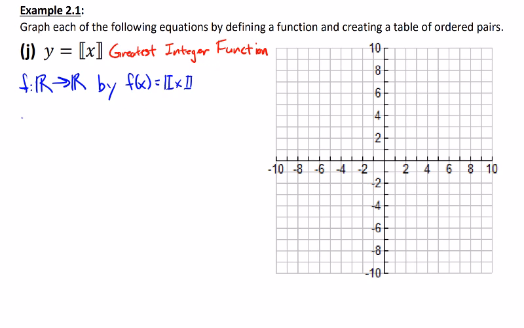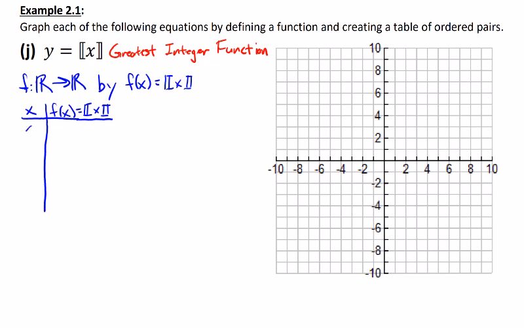If all we do is choose integers for the table, we're going to miss out on some of the detail that makes this function different than any of the others that we've seen. So we want to be real careful about the values that we select. Now once we select a few values, you'll hopefully see the pattern, and then you can go straight to finishing the graph that way. So I'm going to select some values for us.